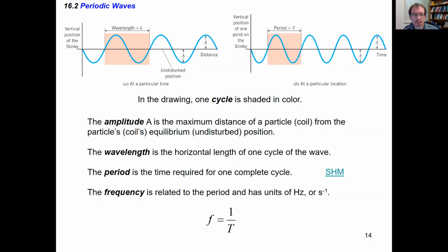We defined the wavelength of a wave to be the length of one cycle of the wave, maybe as it travels to the right or left or up or down. We describe the period of a wave to be the time it took for one cycle to pass some specific point. And then the frequency is 1 over the period.